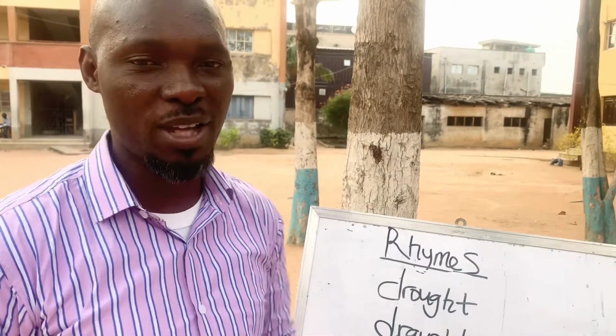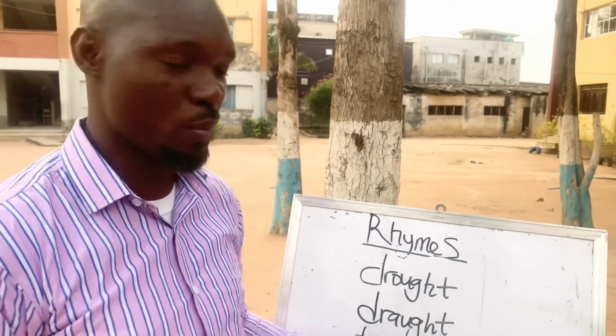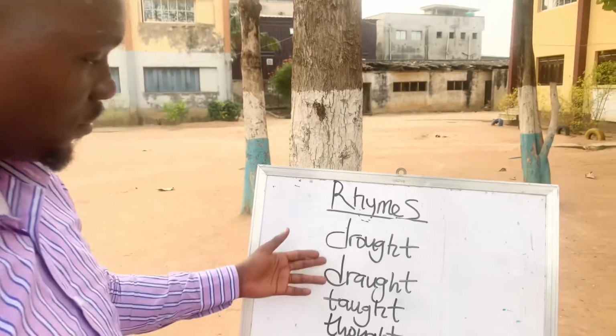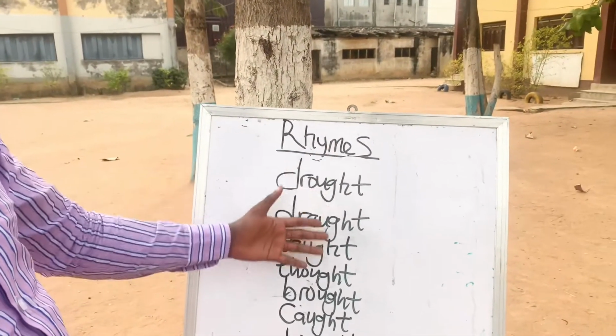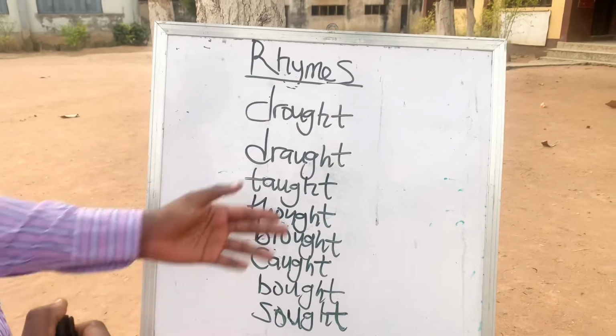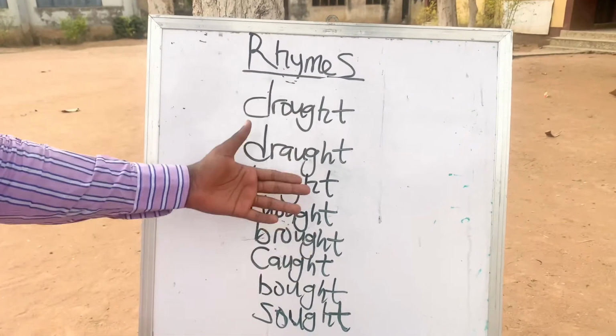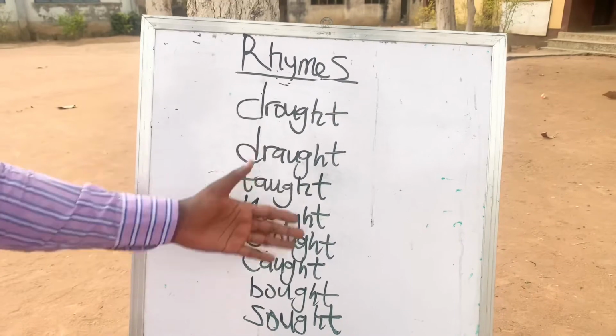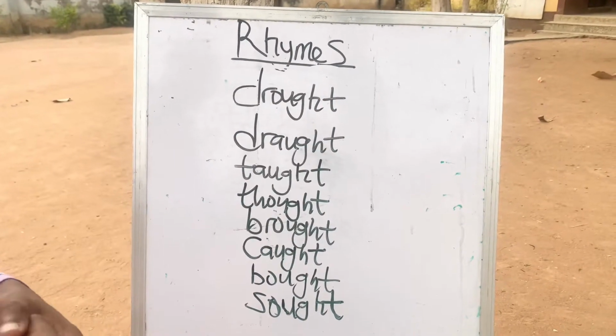So let's take a look at the words we have on the board. If you look at these words, you discover that they share the same letters. Most of them share the same letters towards the end of the words.